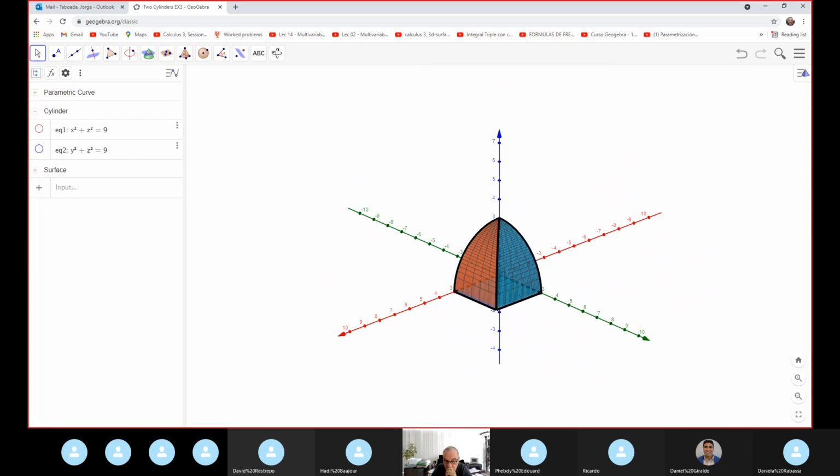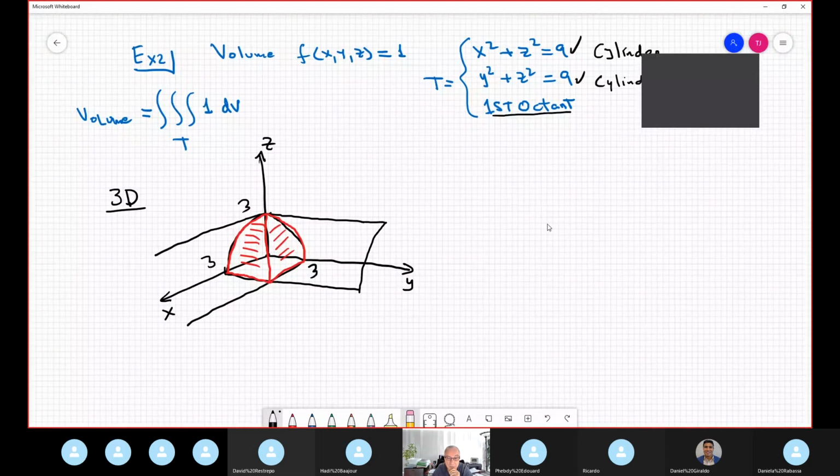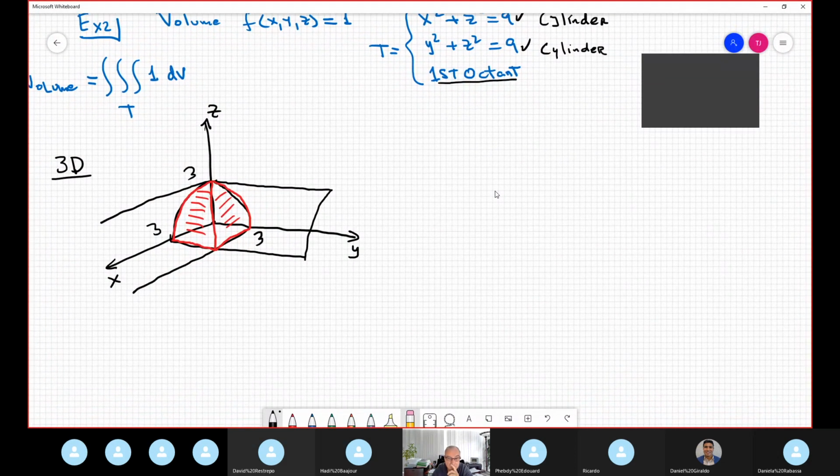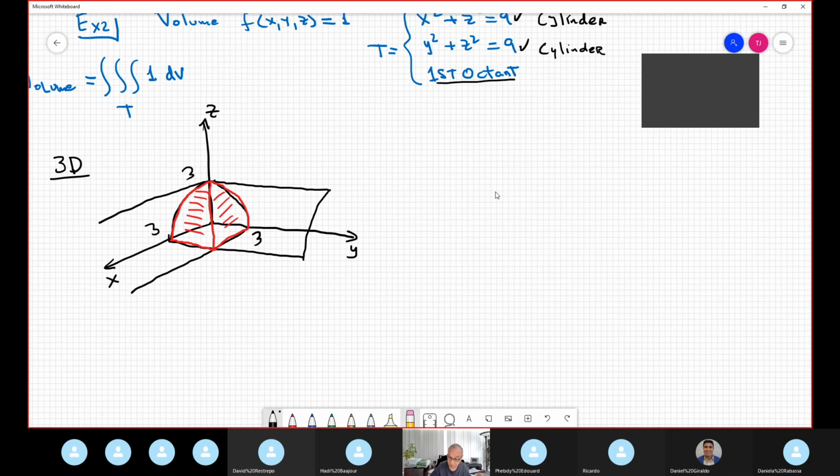Okay, let's come back to the whiteboard, because my goal now is to set up the triple integral that can help me compute the volume of this solid. Okay. Look at the equations, I copy them here.